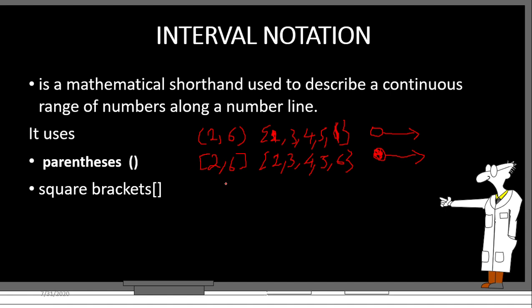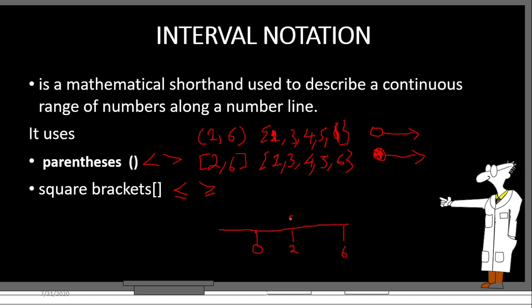The parenthesis can represent strictly greater than or less than, but the square bracket means it should be equal to. For example, we want to express (2,6) on the number line. Take a number line like this. This is my 0, then I write my negatives. So 2 will be here, then 6 will be here. If I'm expressing (2,6), I'm starting from 2 and going to 6.